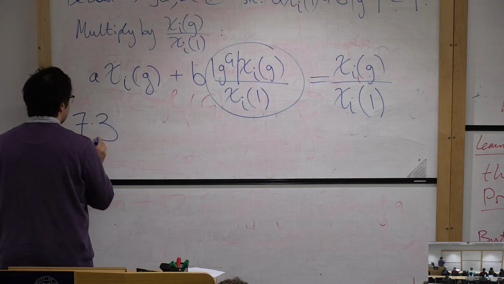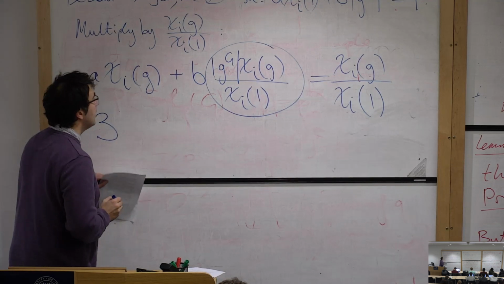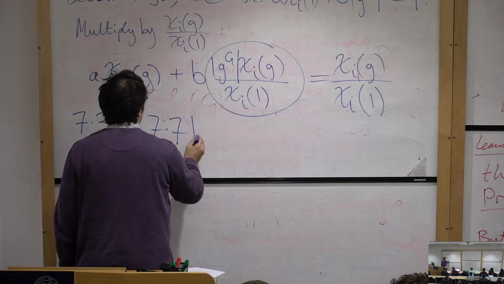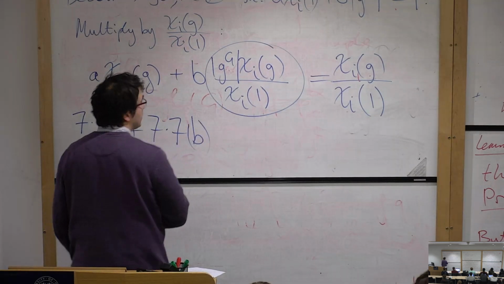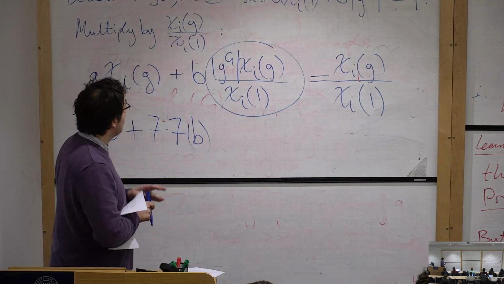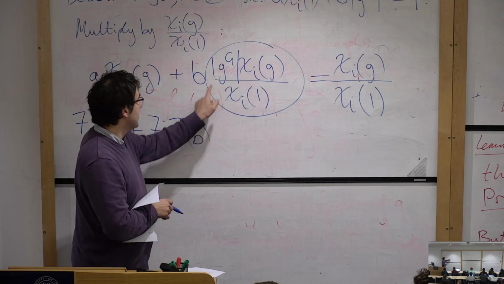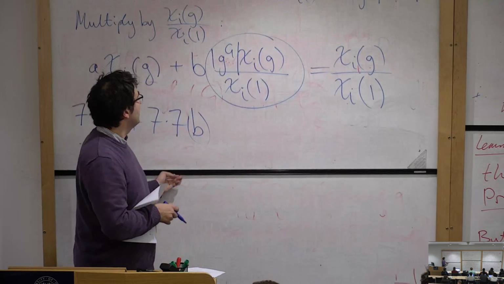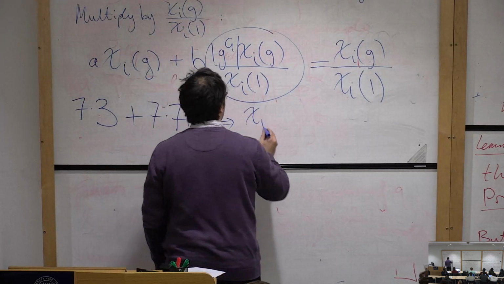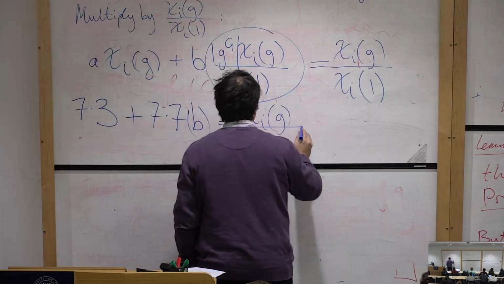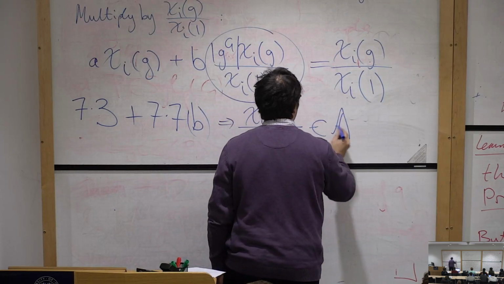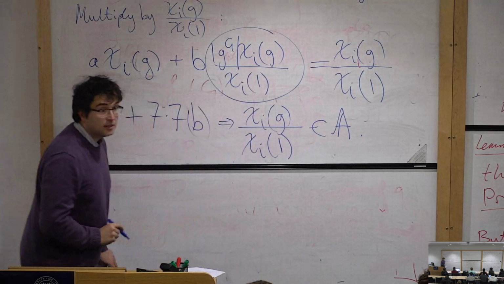So hence, the fact that algebraic integers form a ring, together with the fact that the value of the central character of the irreducible representation on the conjugacy class sum of g is an algebraic integer, means that the right-hand side is an algebraic integer.